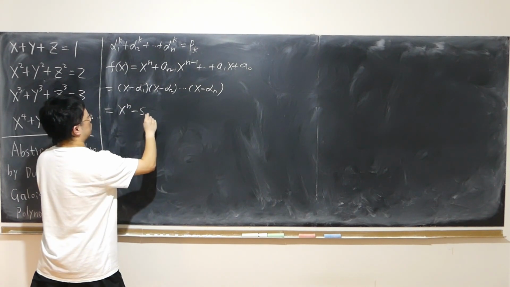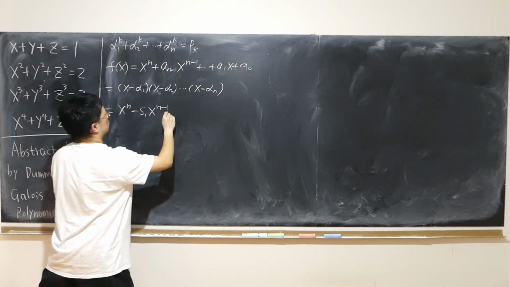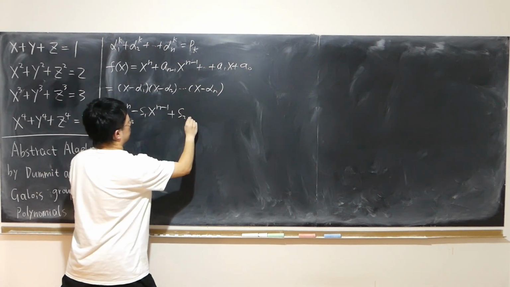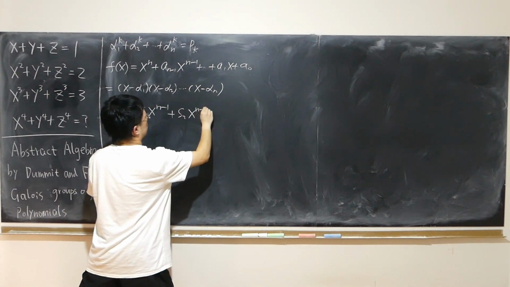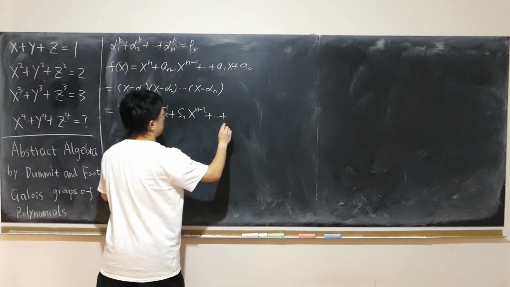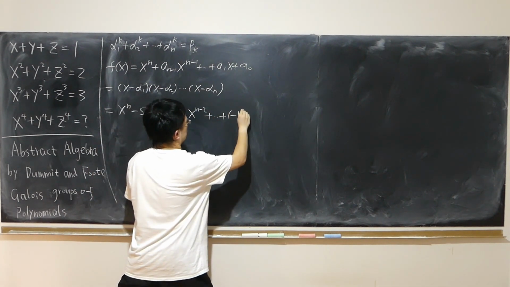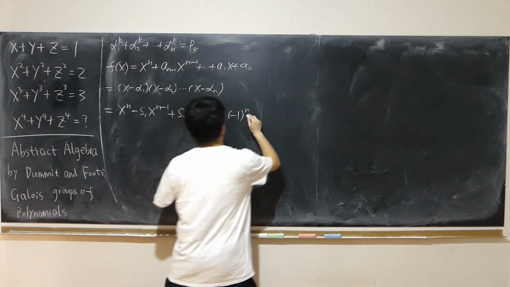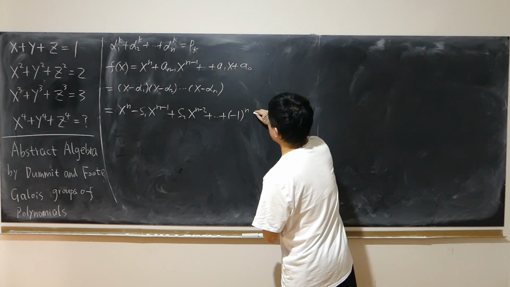Minus s1 times x to the n minus 1 plus the alternating series s2 times x to the n minus 2, and so on. The sign is determined by n: negative 1 to the n times sn.